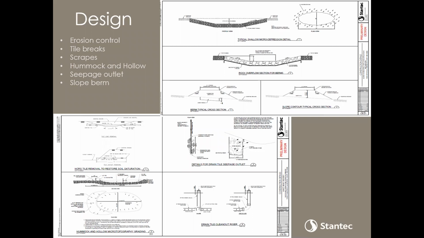has to be done because in order to build a site like this, we have to collect all the data and we have to transmit that data to a design, and then we have to bring a contractor on, somebody with heavy equipment, to reverse some of the drainage features that have been installed on these properties. So the design is really a critical phase to kind of transition the science part of the project into the construction part of the project.